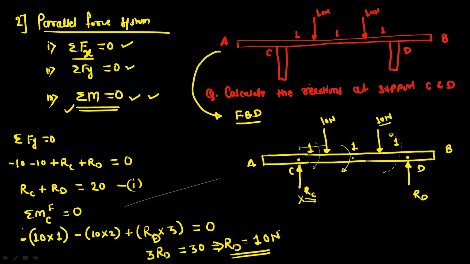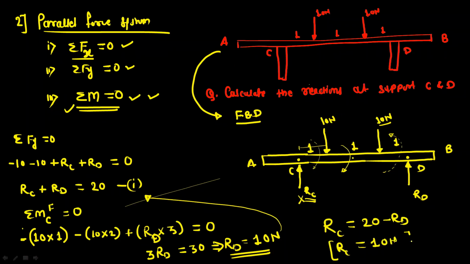Now this value you can substitute in equation 1. So you will get the reaction RC as 20 minus reaction RD, so this is again 10 Newton. So by using these two conditions of equilibrium for the parallel force system, you can find out the two unknown reactions. This is the use of the equations of conditions of equilibrium.